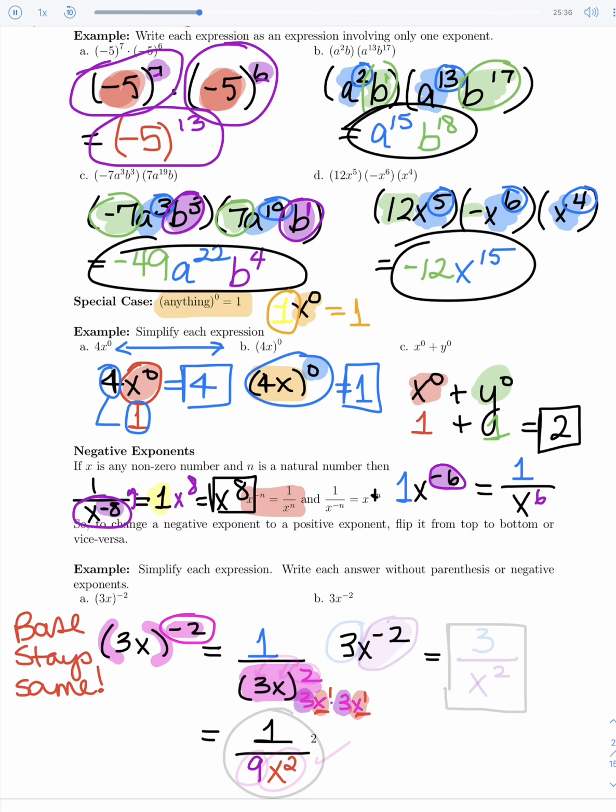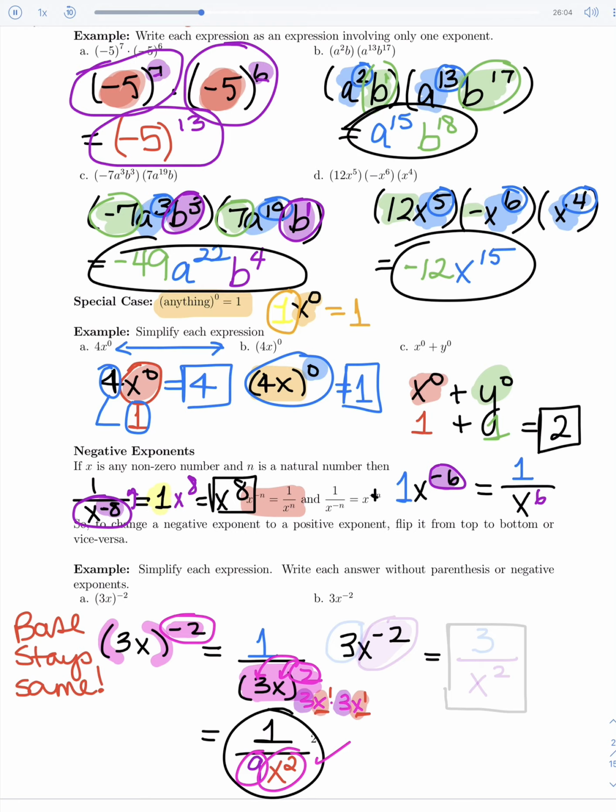So we've got an x squared. And that's our final answer. It's 1 over 9x squared. Notice, and we'll learn this as a rule later, when you've got a squared with parentheses on it, it means you're squaring everything, the 3 and the x, which is what happened here. 3 squared gives us the 9, and squaring the x gives us an x squared. So that's our final answer, 1 over 9x squared.